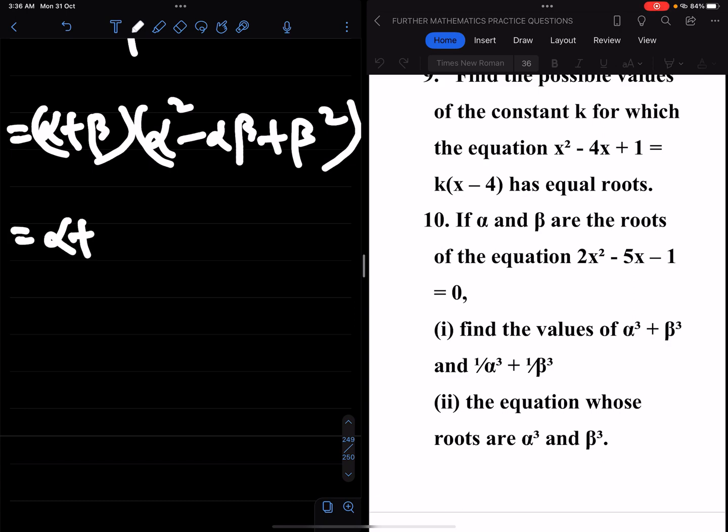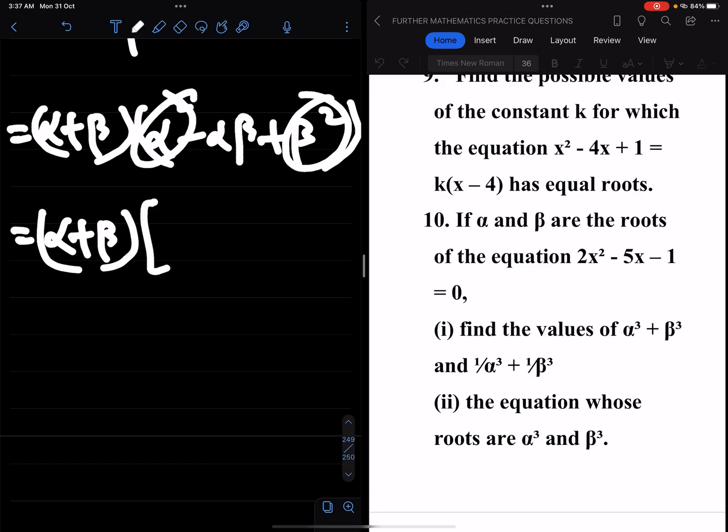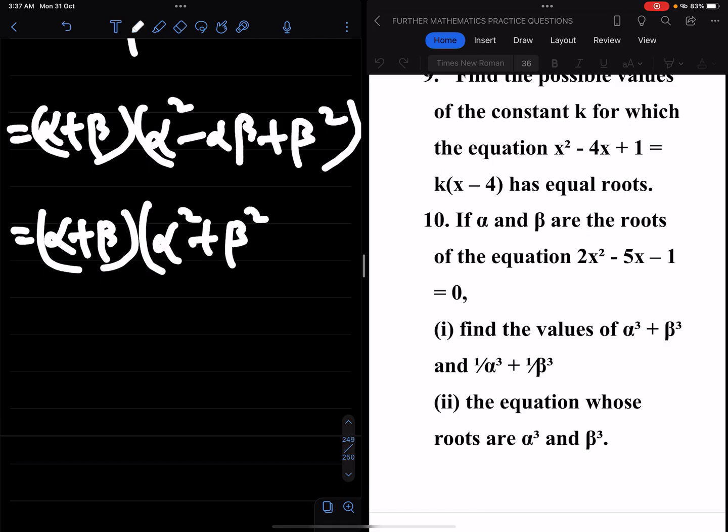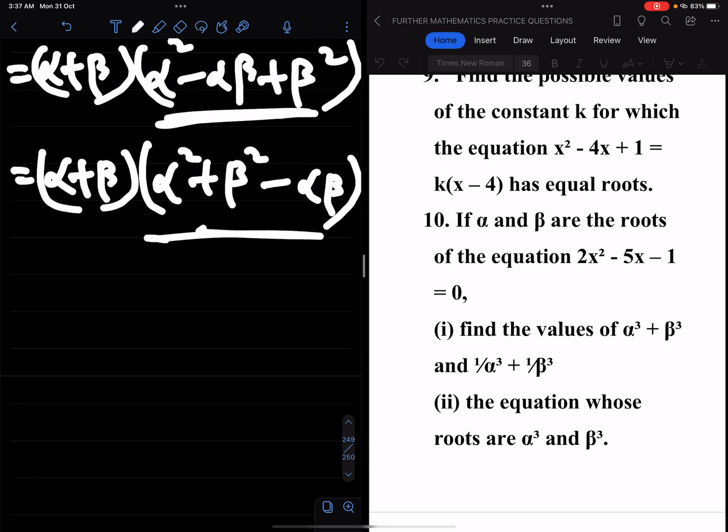And that's the same as alpha plus beta into bracket alpha squared plus beta squared minus alpha beta. That's just a rearrangement of this.